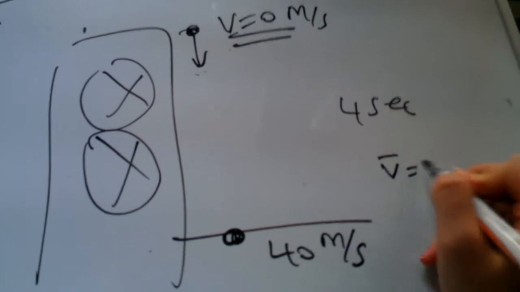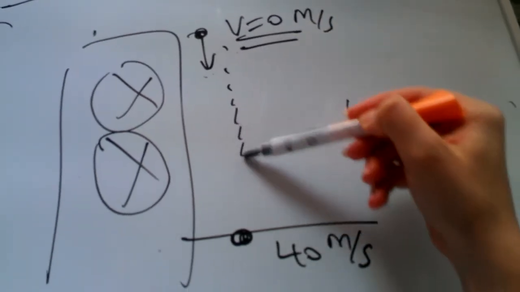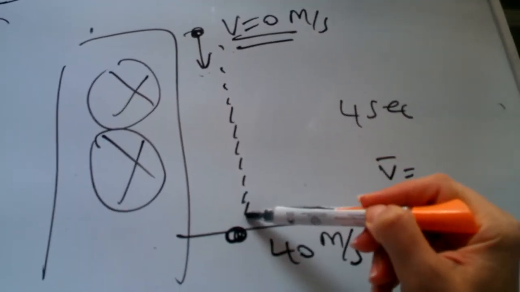Now, average velocity, because velocity was changing during this whole time.